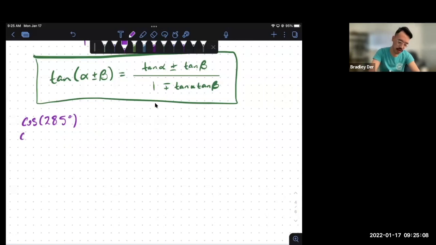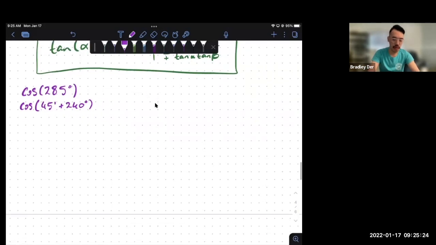In this case, we could call this cosine of 45 degrees plus 240 degrees, right? Both of which we absolutely know how to work with. You could also, just for flavor, cosine of, what would be 330 minus 45.